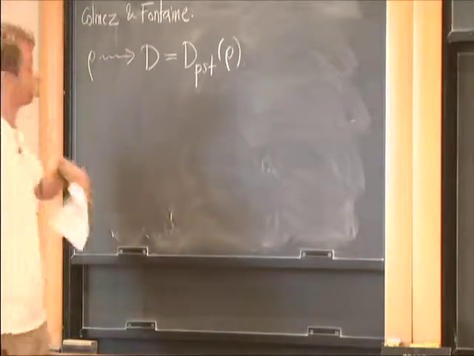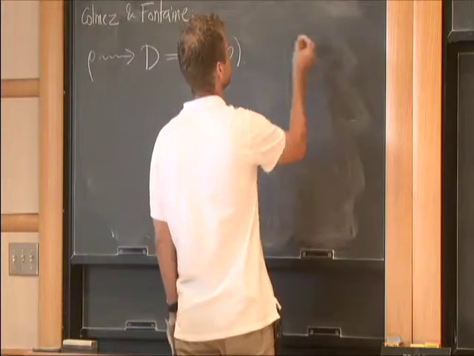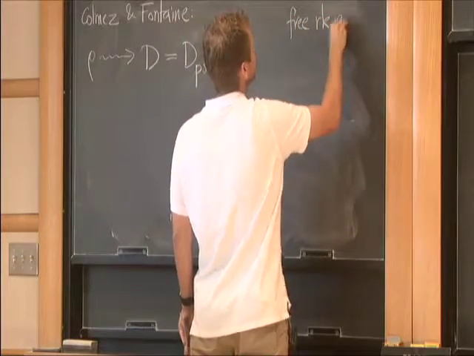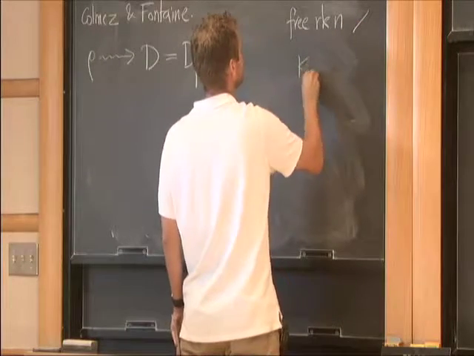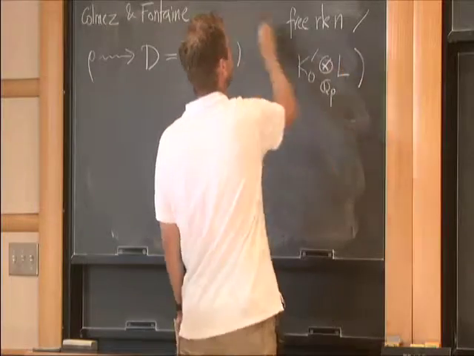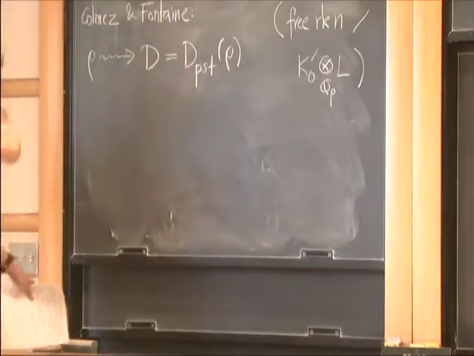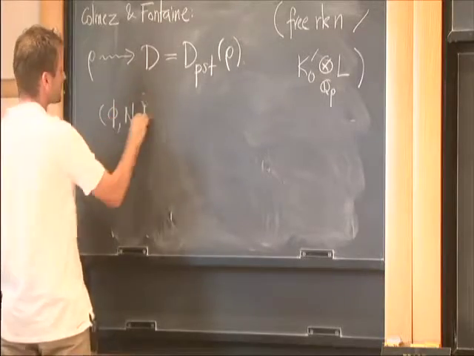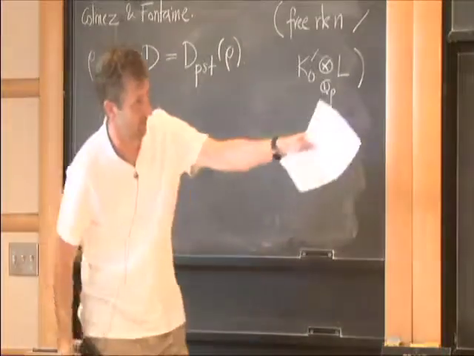So this is some free module of rank n, this tensor product. And it has this Frobenius, and it has a monodromy, and then it has an action of that Galois group.